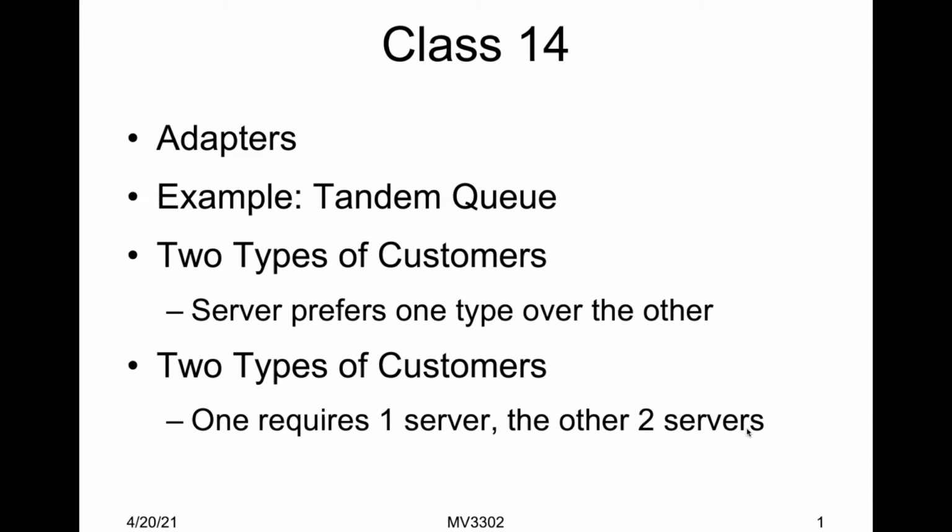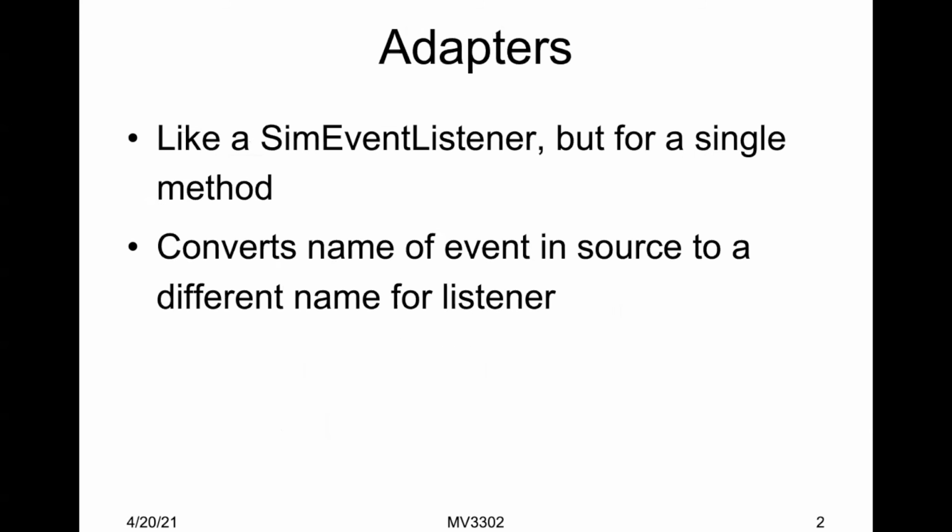So how do we handle that situation? That turns out to introduce a lot of complexities. One of the useful things that we have to deal with that is something called an adapter.